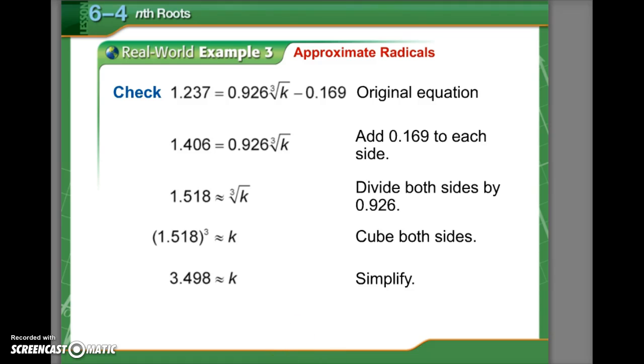In order to get rid of this cube root, we are going to do each side to the third power. We're going to do 1.518 to the third power. And that gives us a value of 3.498 for k. And you remember that originally they told us k was 3.5. And obviously 3.498 is really close to our original answer of 3.5.